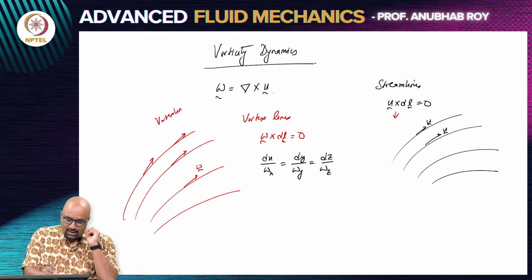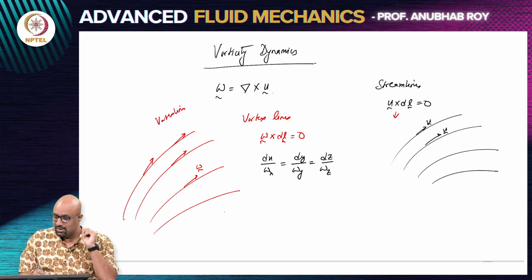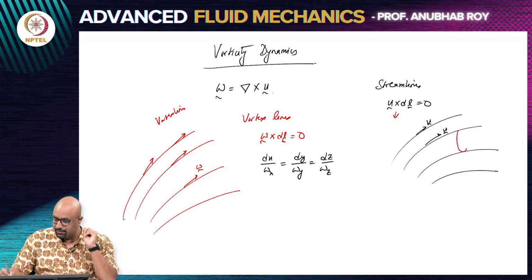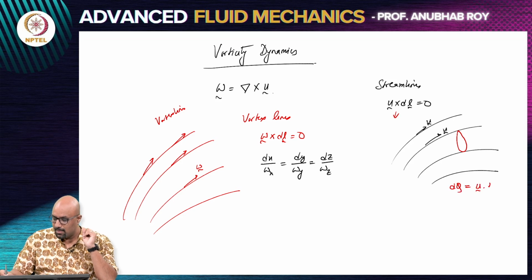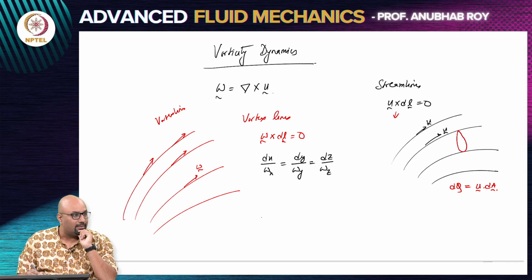Now, drawing the analogy from streamlines, in streamlines we know that if I were to use the velocity and compute this quantity u dot dA, I have a small cross sectional area, I find what is u dot dA through that cross sectional area, that gives me my volume flow rate.